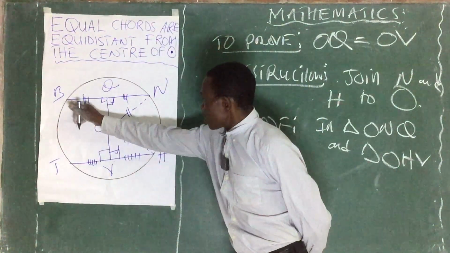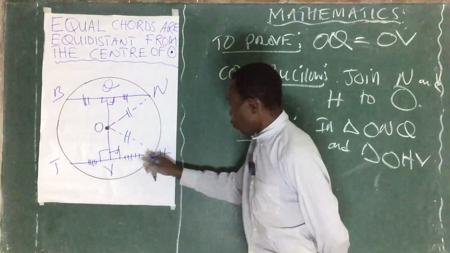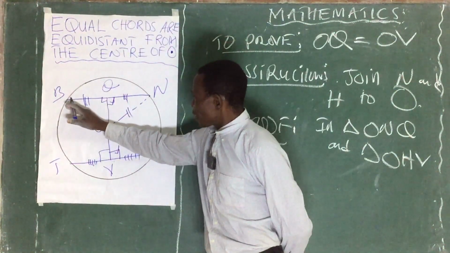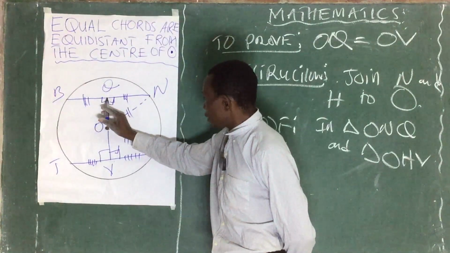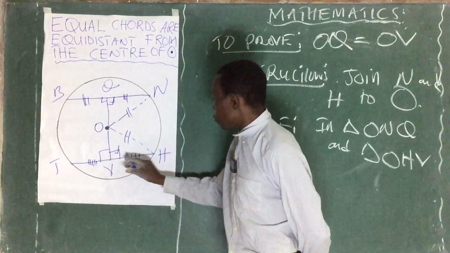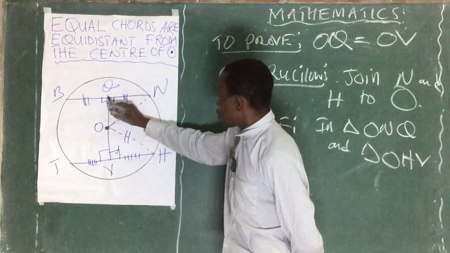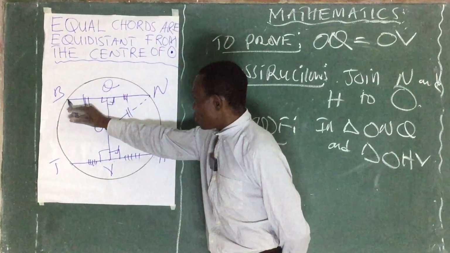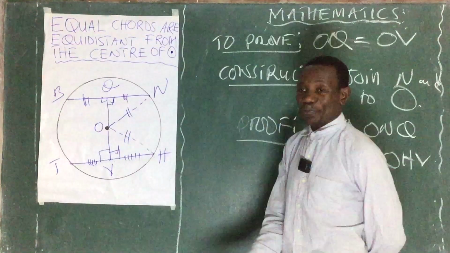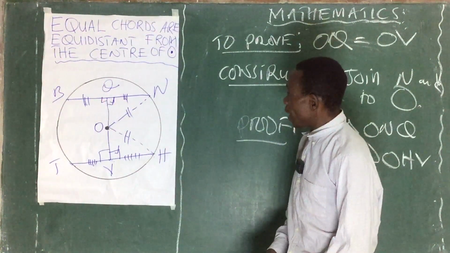So here I also expect that this one should also be equal to that side. But now, this chord is equal to this chord. You see, equal chords. Then I expect the distance from here up to that should be equal from here up to that. So it's just like NQ is equal to QB, is equal to TV, is equal to VH. Like that. Right. Why?